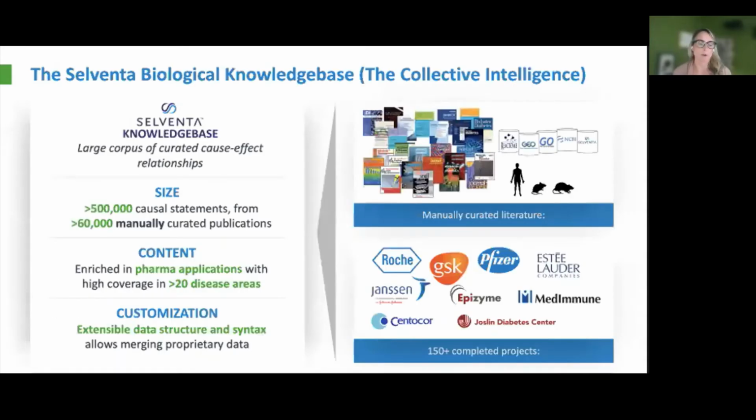So this is a description of the knowledge base that we had at Solventa, and I consider the knowledge base the intelligence collective. So what we were doing is extracting cause and effect relationships from the literature. And if you think about it, I love just thinking about how much wasted knowledge is sitting in PubMed, in PDFs, just waiting to be used and extracted.